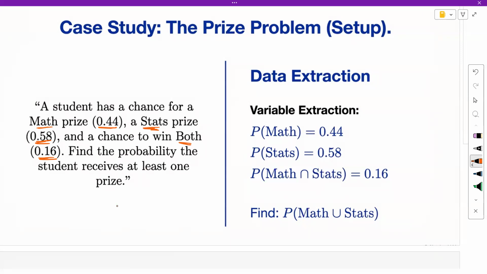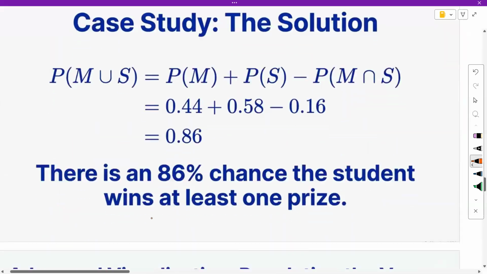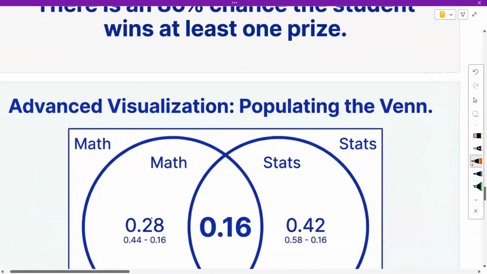At least one prize means what? Probability of getting maths plus probability of receiving statistics, and both, right? Both means mathematics and statistics. So when we draw the Venn diagram, it is like this.